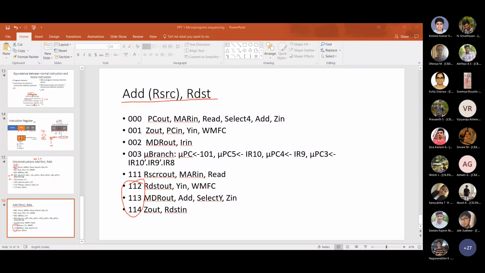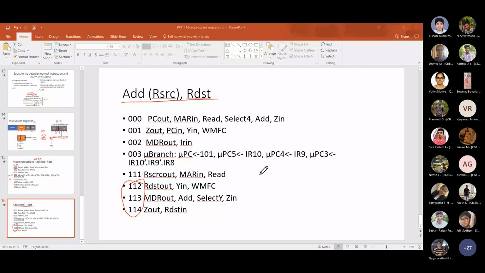So at 111, our source out, MAR in, read. Then at 112, instead of fetching the destination operand, what we will do is branch to 171, and wait for memory function complete.